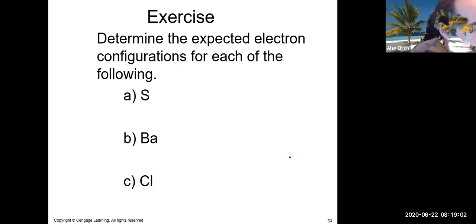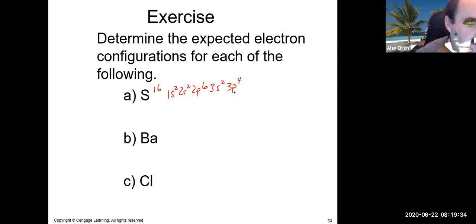Okay, let's take a look. We'll start with sulfur. Sulfur is number 16. That's going to give us 1s2, 2s2, 2p6, which gets us to 10. Then we're going to go 3s2, which is 12. After 3s, we then go to 3p, and we need 4 in that case.